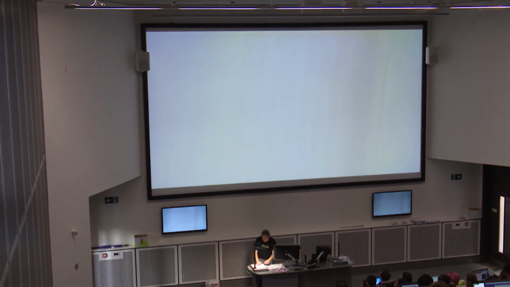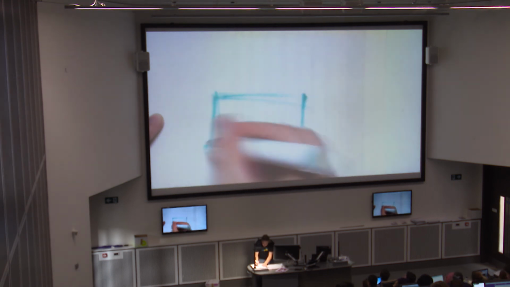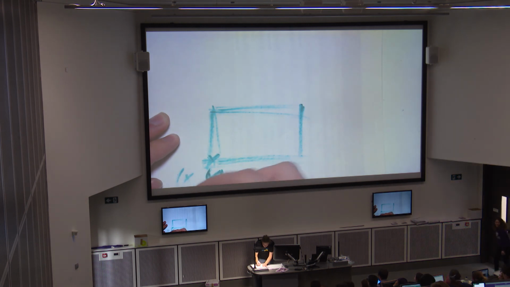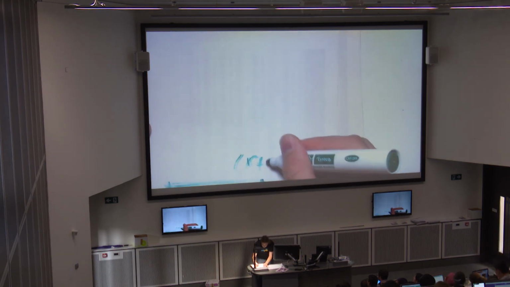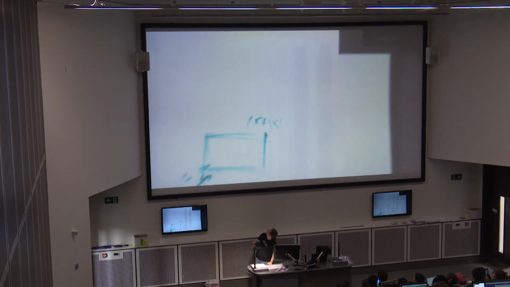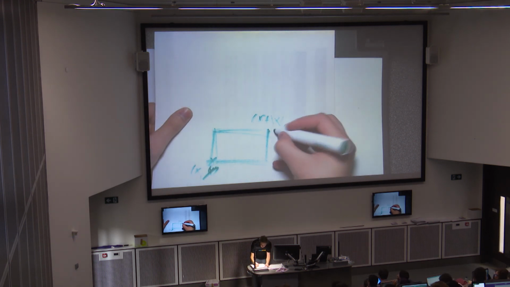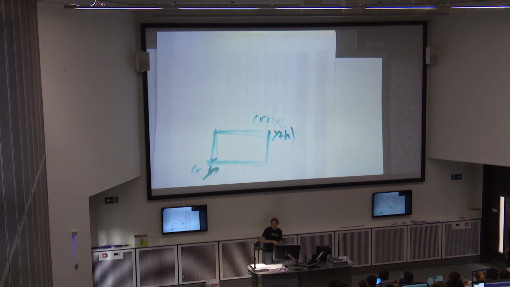As you have the rectangle, this will be X, Y, and then this will be X plus W. Y plus H. So that's basically, you get the X and Y for the top point, which is this one.